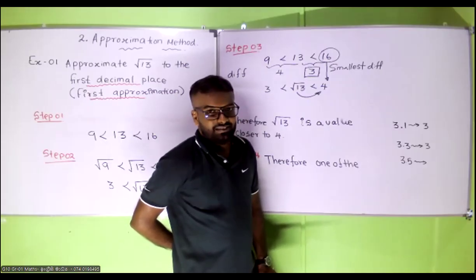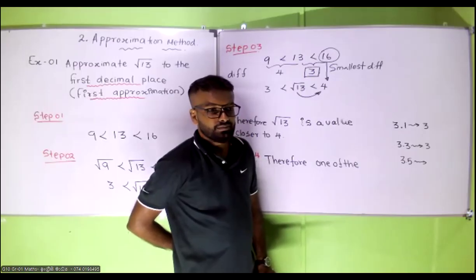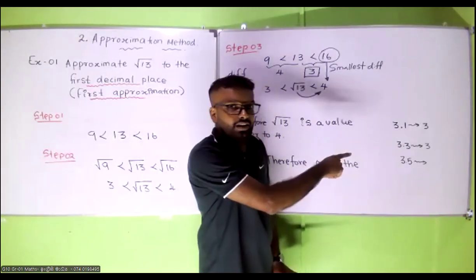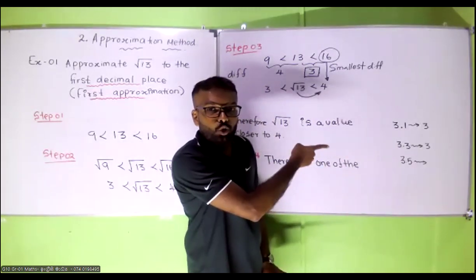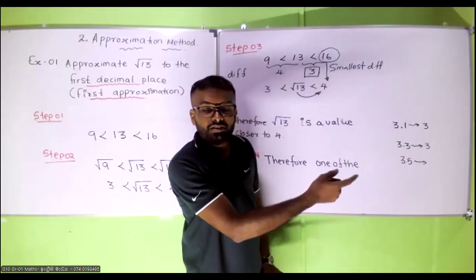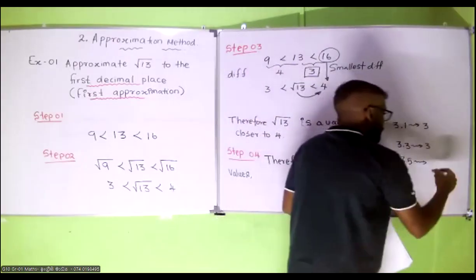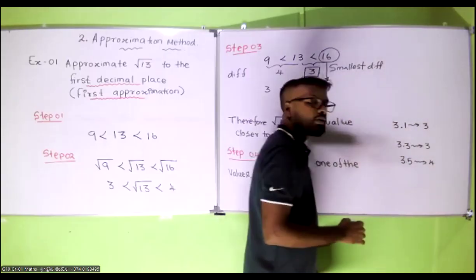Is it closer to 3 or 4? 4. Because you are going to add 1 to 5, then it is 3.6. Now you are going to round it off to 4. So this is for 4. Right, closer to 4, 3.5.